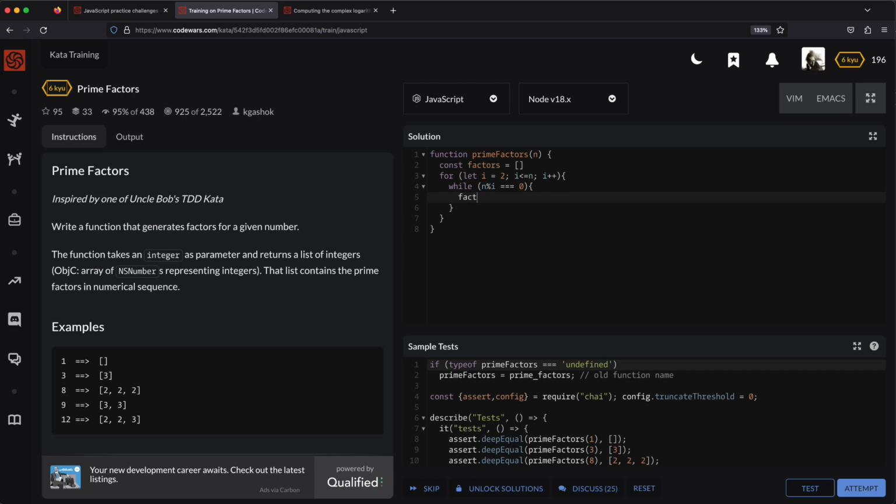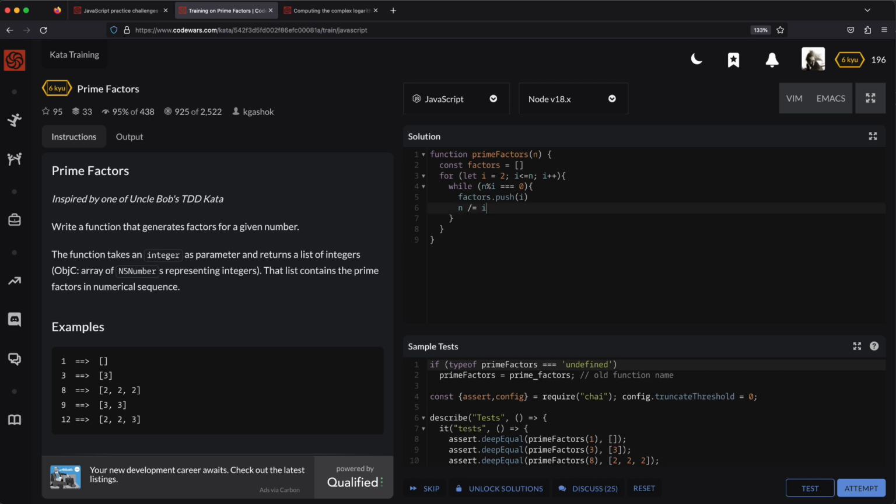I would add to the factors the number i, and I would say that n is n divided by i. This line is just like saying n equals n divided by i.